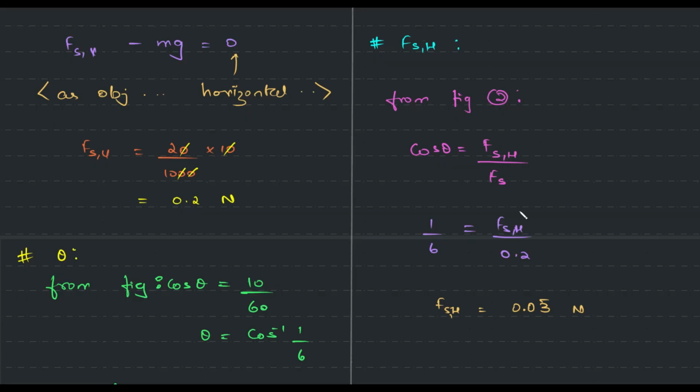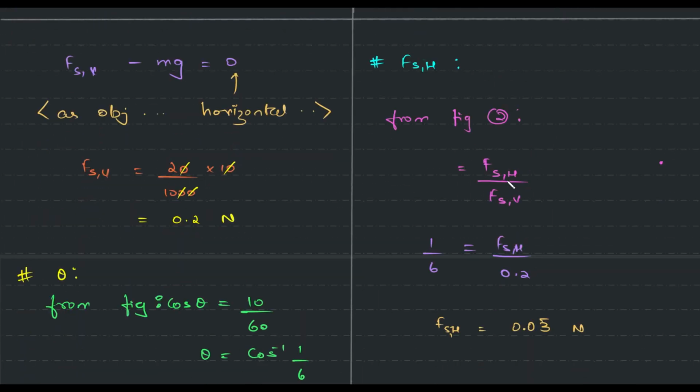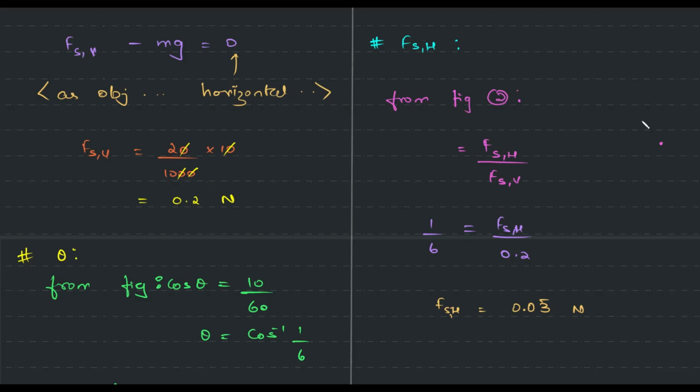Okay, just a second. So this is obviously wrong because we don't know FS. We know FSV. So we know we want horizontal. We're looking at vertical. So horizontal is adjacent. Vertical is opposite. And this is adjacent. Okay, my bad.